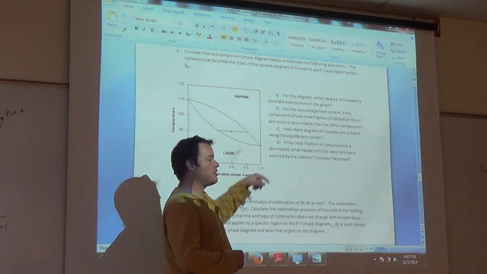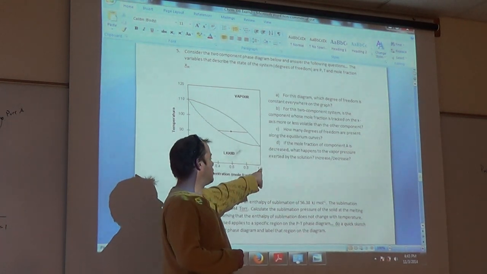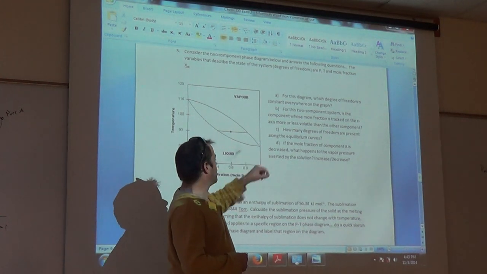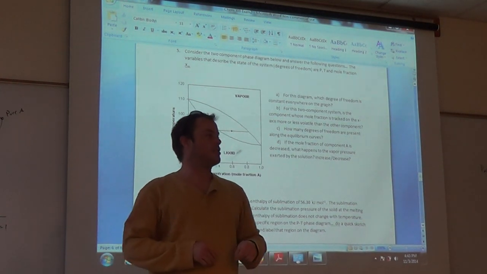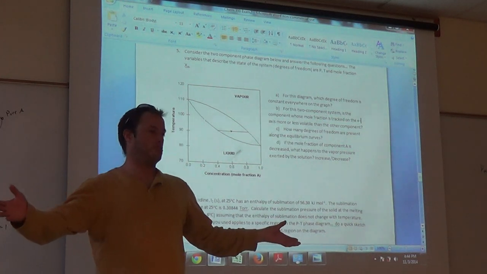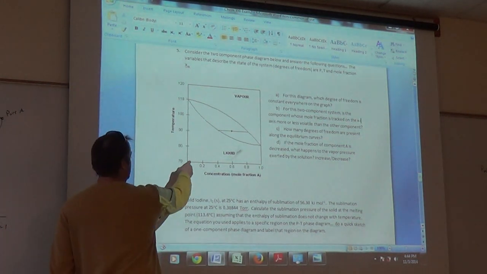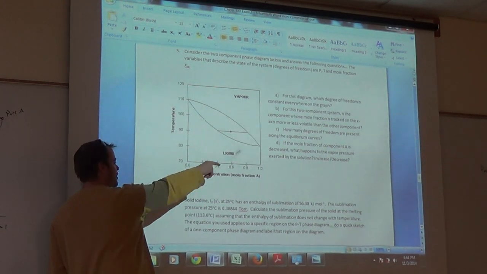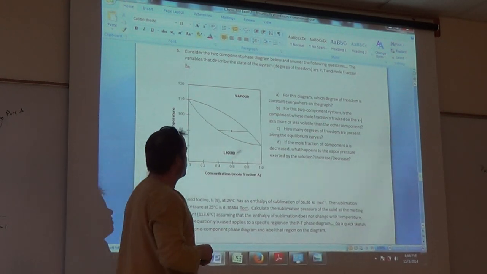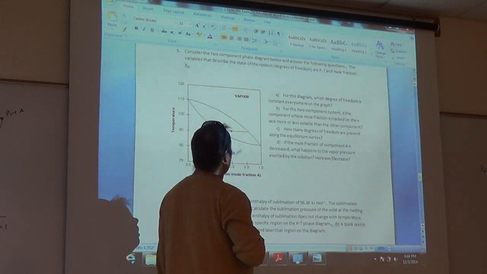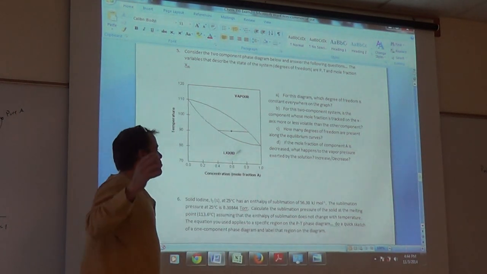And so you can see here that when it's pure component A, whatever it is, we boil at a lower temperature, therefore it must be more volatile, right? And so this guy back here, this composition is not tracked, it's the less volatile system. How many degrees of freedom are present along the equilibrium curves?